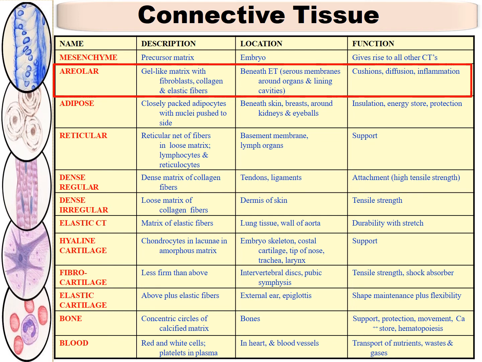And it is located just beneath the epithelial tissue, that is the serous membrane around organs and lining cavities. The areolar connective tissue plays an important role in the cushion network, in the diffusion process, and in inflammation.